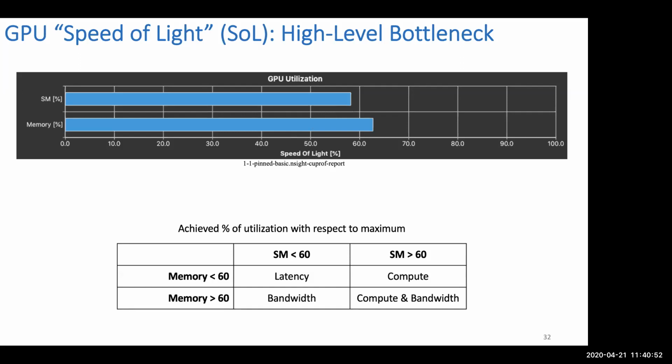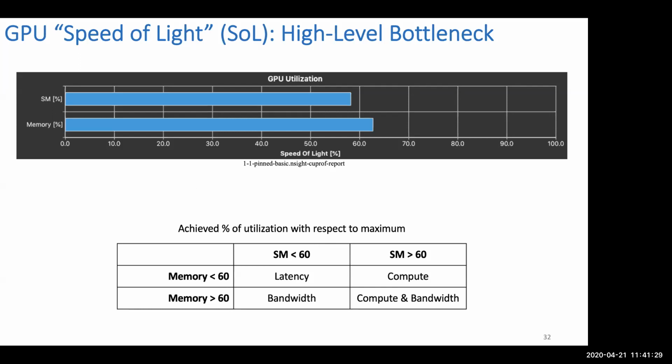So this is at a high level what's bottlenecking you. This alone doesn't really tell you what the performance is. But the important thing to take away from here is that there are 4 different reasons that you might be limited at a high level in your application. I'm making up the threshold here of 60%, but typically if neither your SM, so that's the computation element, nor your memory utilization is above 60%, that means your kernel is latency limited.